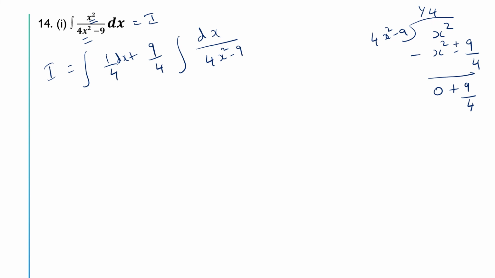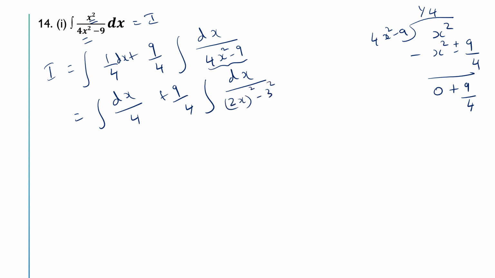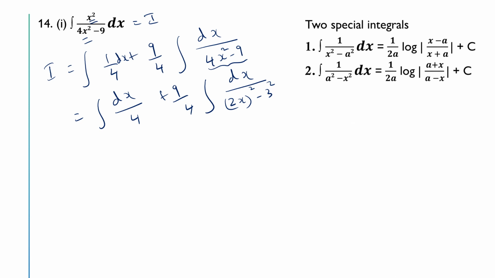So it is integral 1 by 4 dx plus 9 by 4 integral dx by this 4x square minus 9, we can write it as 2x the whole square minus 3 square. So the standard integral that we have to use is the first one, integral 1 by x square minus a square into dx for this part.